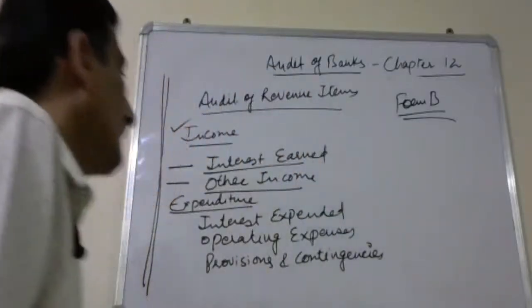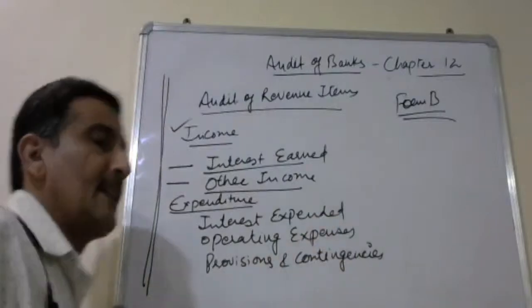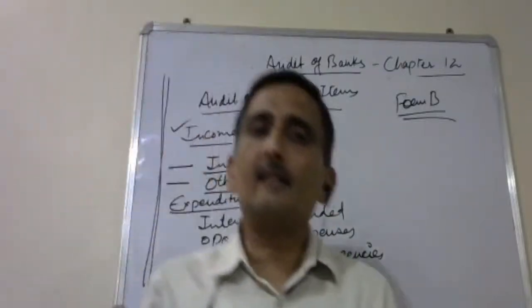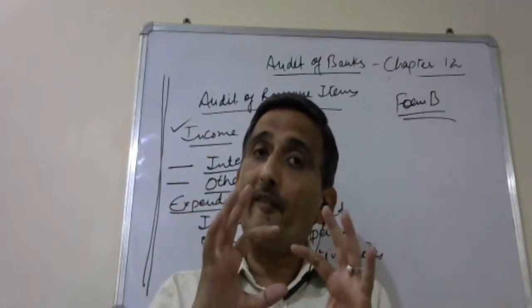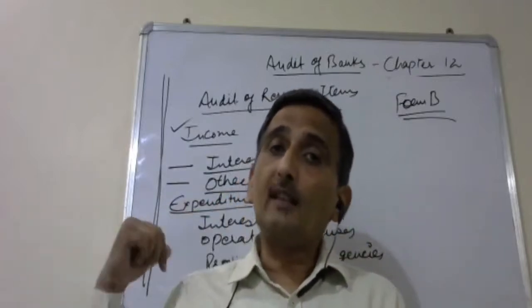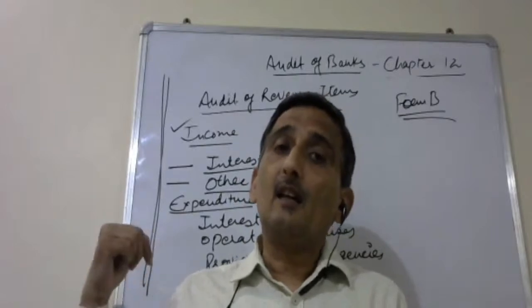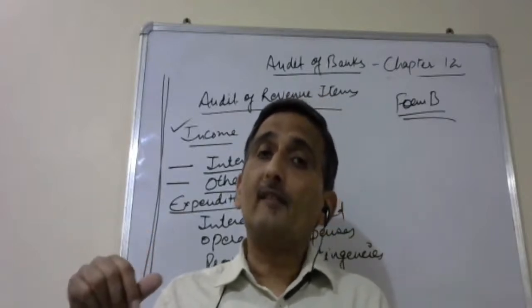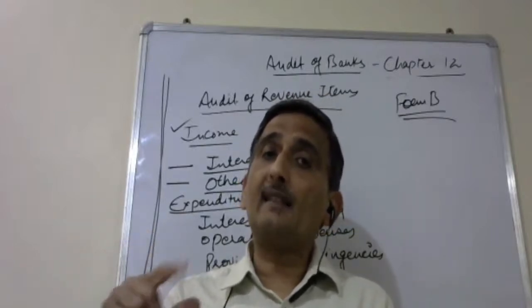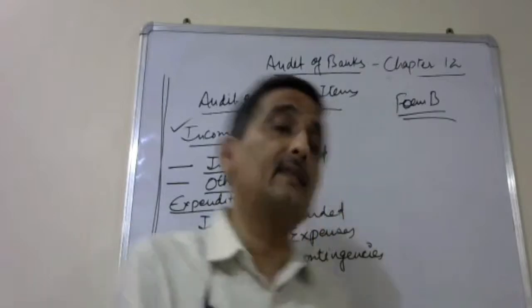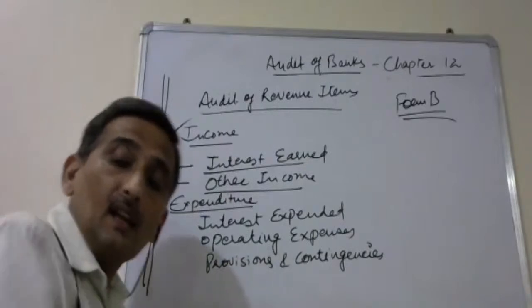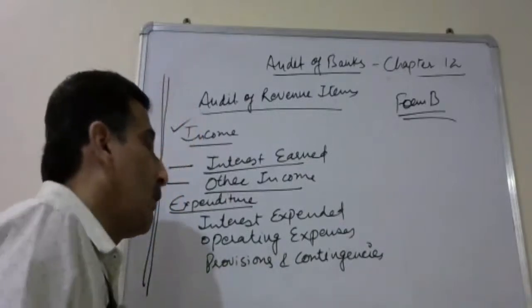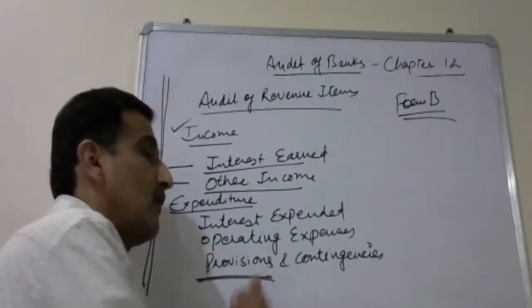Okay. So, provisions and contingencies. Then there is one head, provisions and contingencies. This is also a very important head, because under this head all the provisions which the bank has made, say in respect of NPAs, would be there. The profits would be reduced by making appropriate provisions.